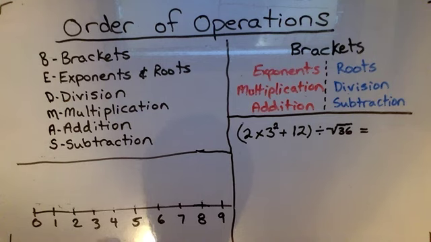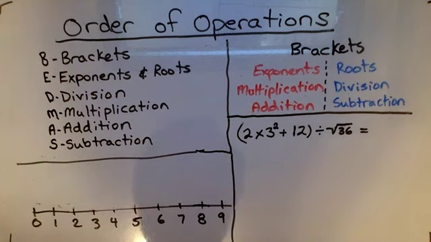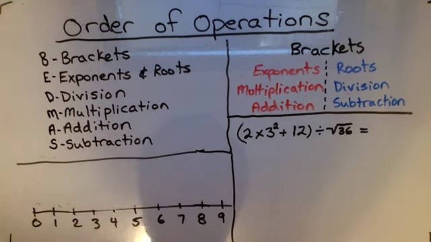So when you come to a more complicated problem in math, say something like this one here, mathematicians have some rules about what order those operations are going to be used in. There's two ways you can remember what this order is.